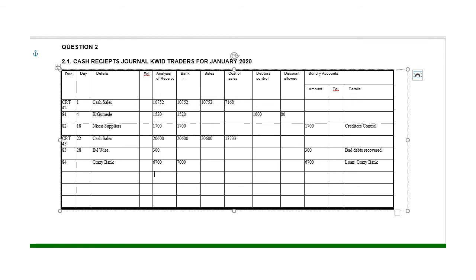But if we had to, we would simply add up the bank column, all these amounts, put the total down there. The sales column, put the total down there. The cost of sales, total, that 1,600, 800, and then all the sundries. We do not add the analysis of receipts, only from bank to the right, all the columns.